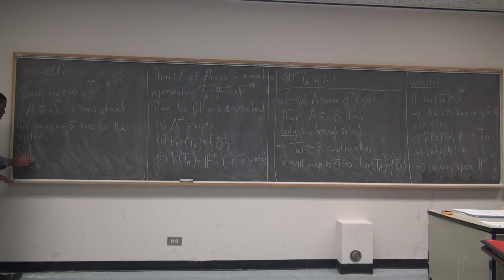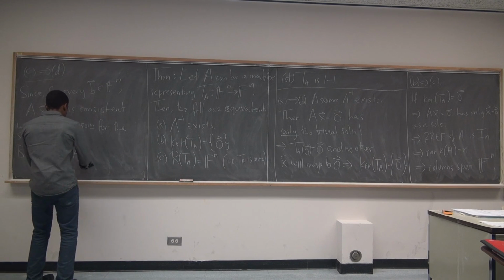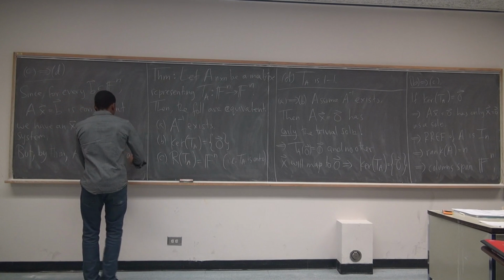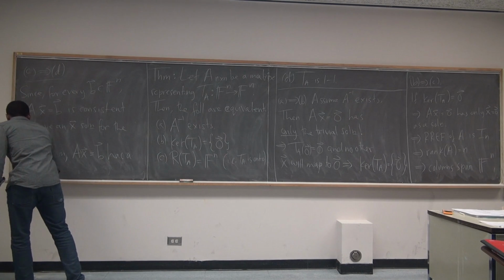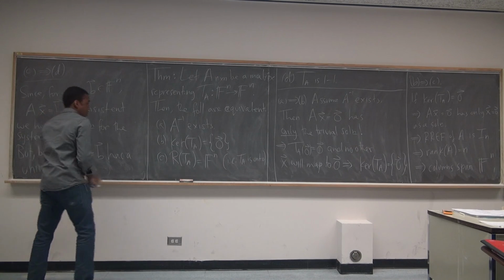But by theorem, right? Again, another one of those theorems that says the following are equivalent. We know that if this is consistent for every B, what does that mean? It means you have a unique solution. And what does that mean?